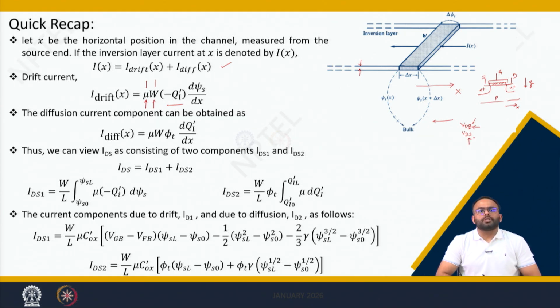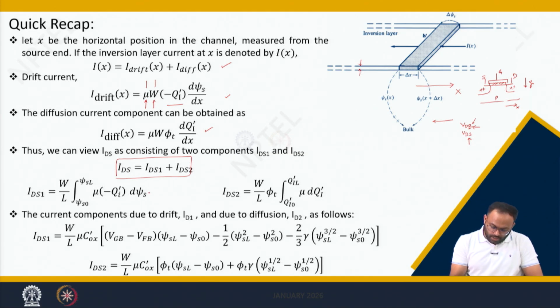Similarly, the diffusion current component can be given as mu into W into phi t dQi dash by dx. By following these equations and putting them in the general equation of Ids, we derive two components, that is Ids1 and Ids2.